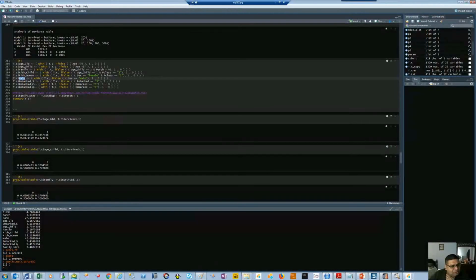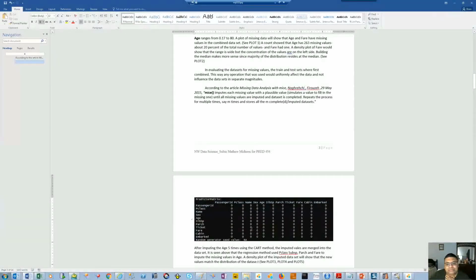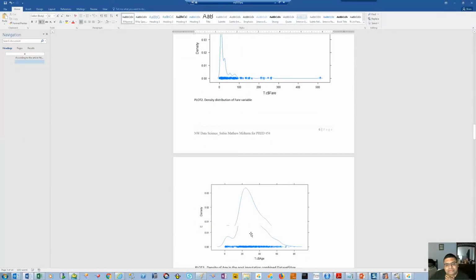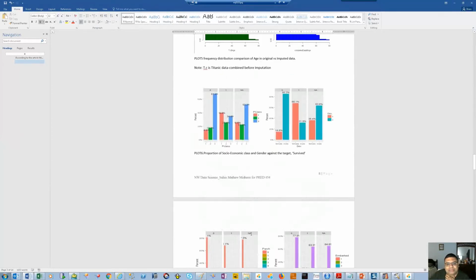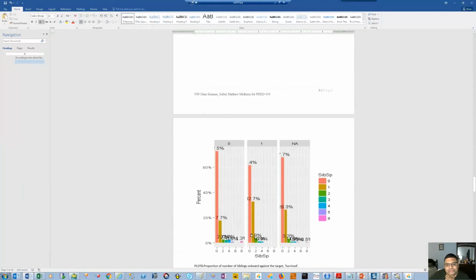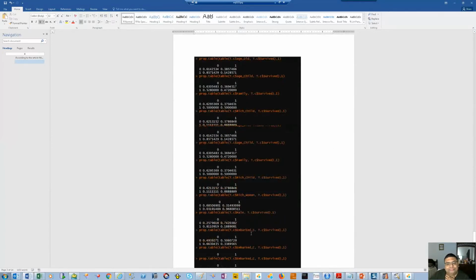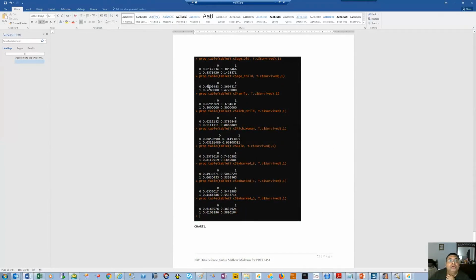And what I found was that the proportion of older people who did not survive was 85%. So I knew that was significant.